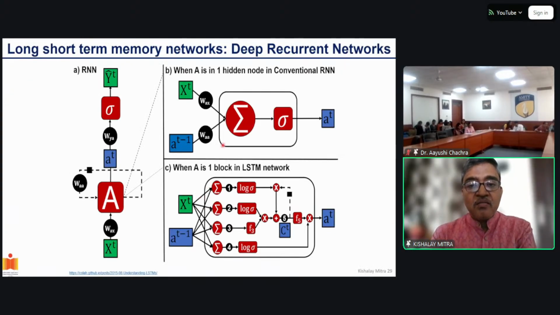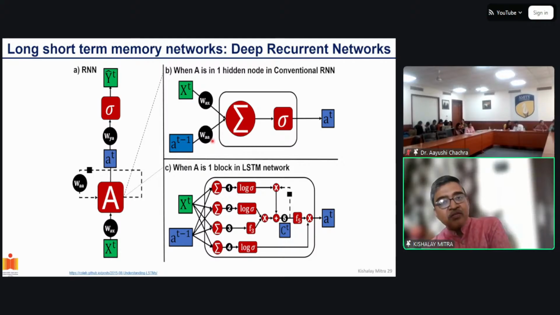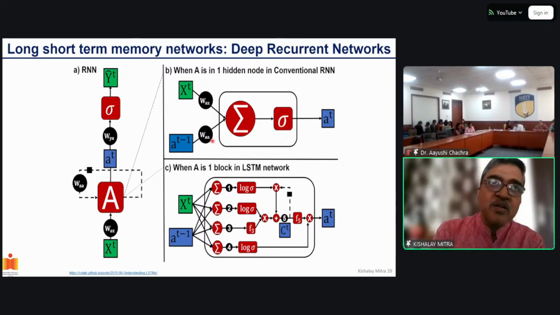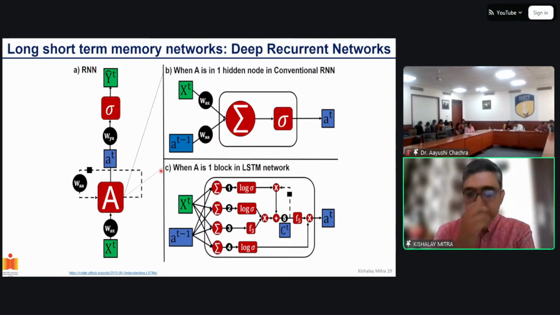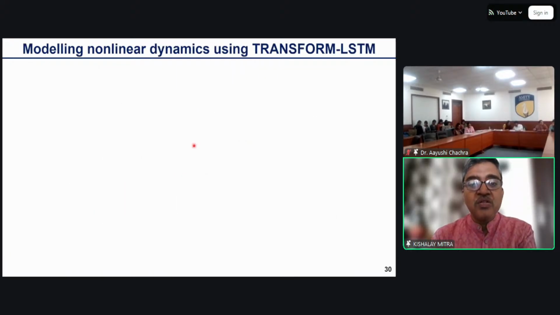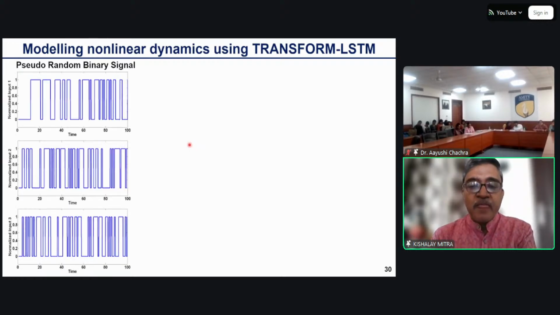Like artificial neural networks, there are special forms known as recurrent neural networks, which are used for modeling such time series data. Under RNN, there are methods like GRUs, gated recurrent units, or long short-term memory networks, LSTMs. We used all such models to model a dynamical system.